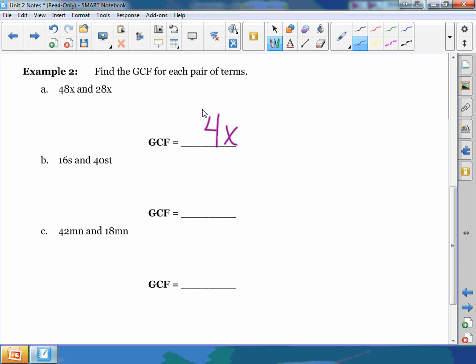Sloan? 8s. Do we agree with 8s? Okay, and how about C? Letter C. Sylvie? 6mn. Did anybody else get 6mn? Okay, good. Let's go back up to letter A.